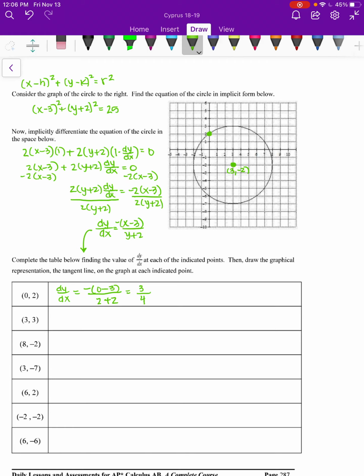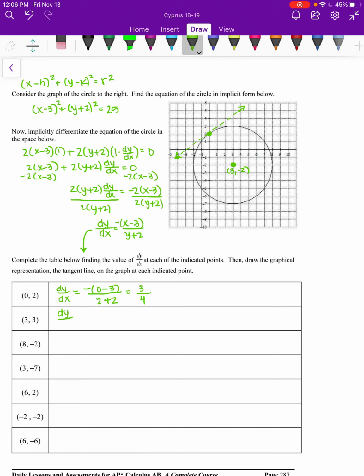You can use your slope counting boxes that we've done in the past to draw this on here. Draw some extra points on here. I'm going to draw it dotted. And you can see that tangent line. Okay. Let's do the next one.